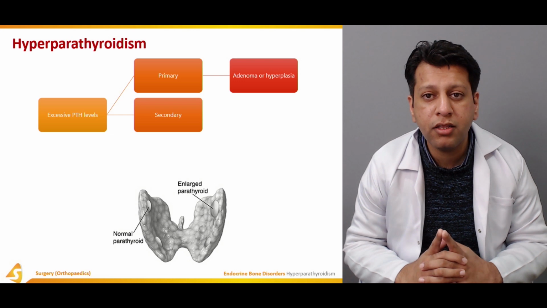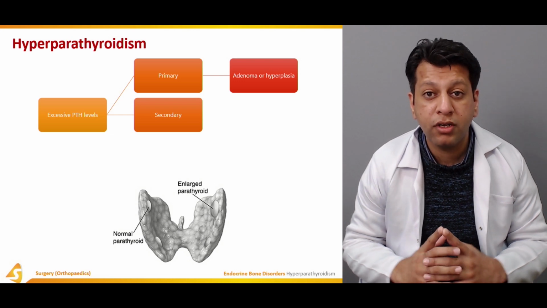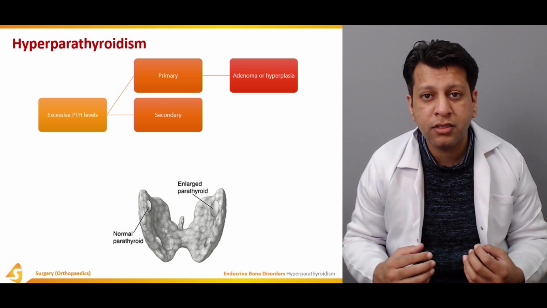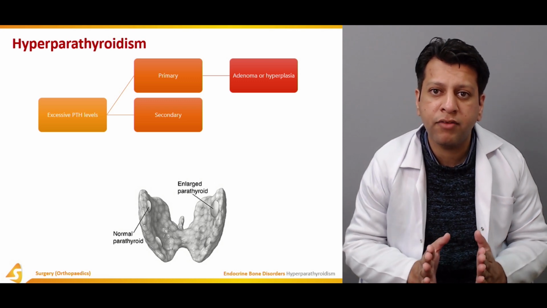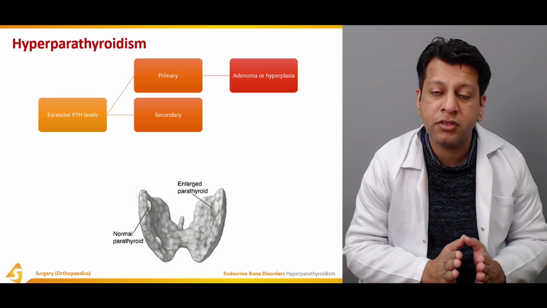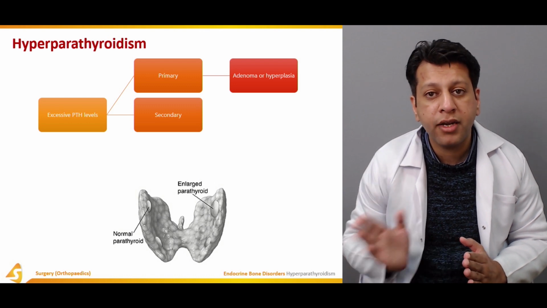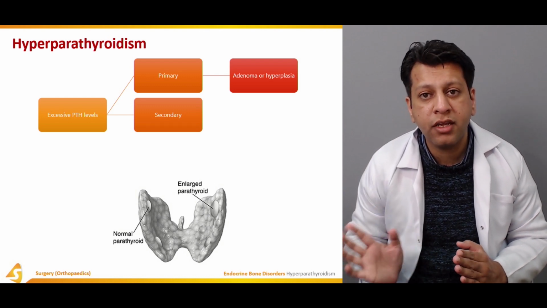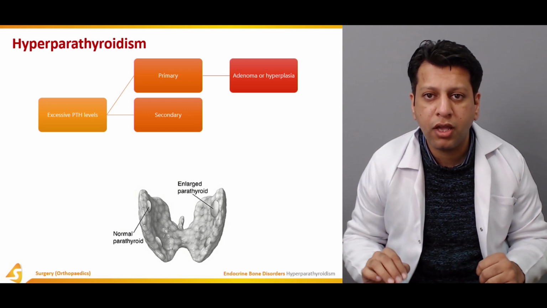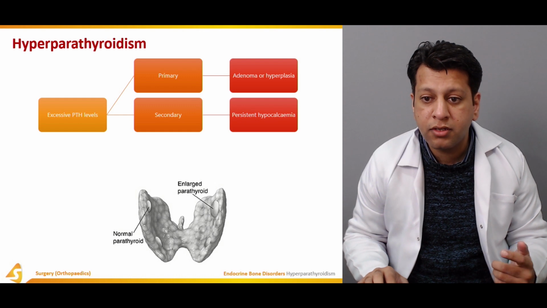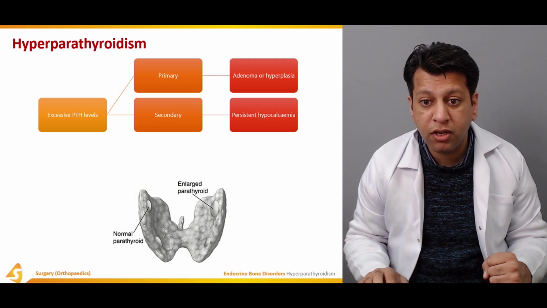So again the parathyroid glands would secrete more PTH. This would in turn restore the calcium levels in the serum, or ionic levels in the body, but at the cost of bones, as it will take the calcium from the bone via bone resorption. This results in persistent hypocalcemia.